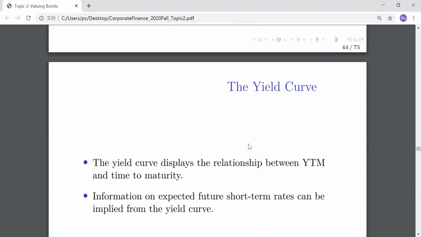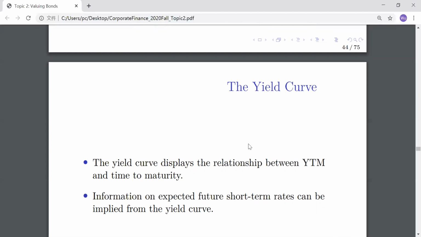Okay, that is the second part of the class, where we talked about how we measure interest rate risk. Now we're going to look at the yield curve. So what is the yield curve? The yield curve is a very important indicator for macroeconomic well-being. Essentially it shows the relationship between yield to maturity and time to maturity.